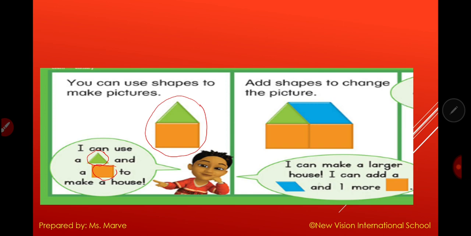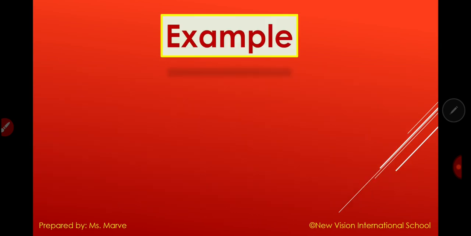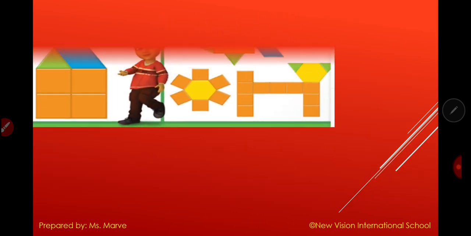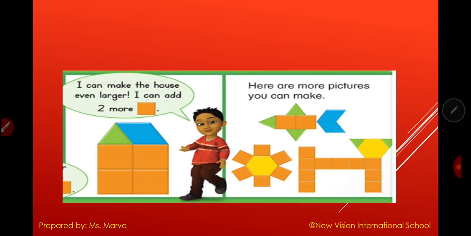Why? Because when you put one rhombus and one square, the result will be this big. And if you put two more squares down here, your house will become bigger.